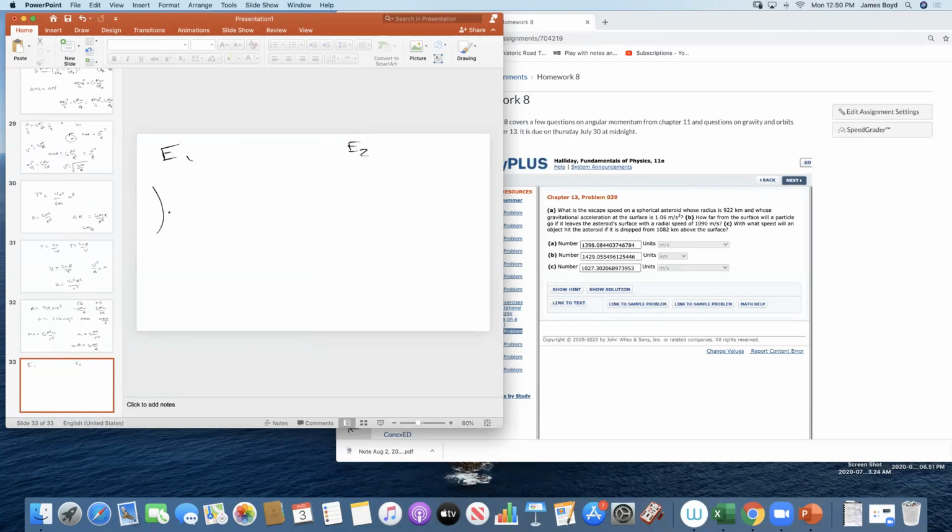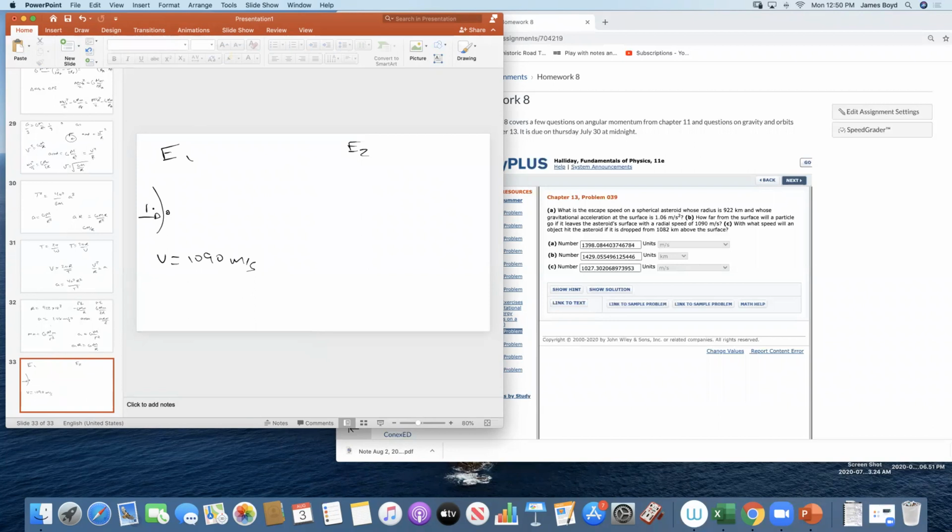And so as it leaves the surface and it goes out to here, it leaves with v equal to 1090 meters per second, okay? And we want to know how far away it goes.